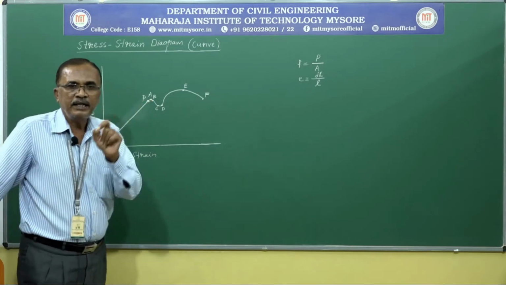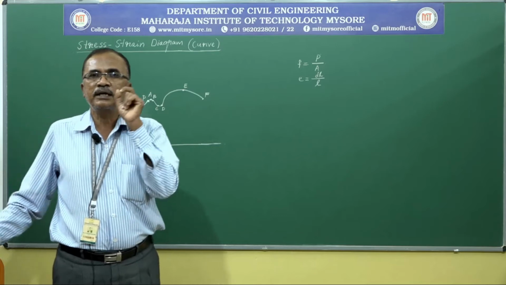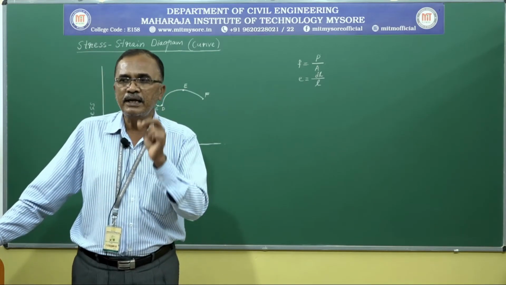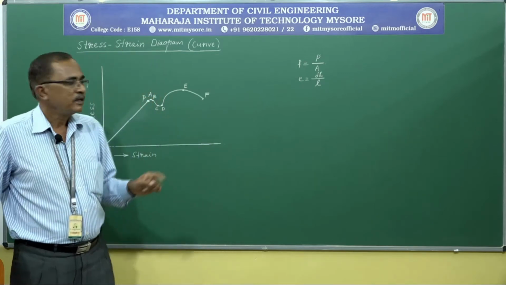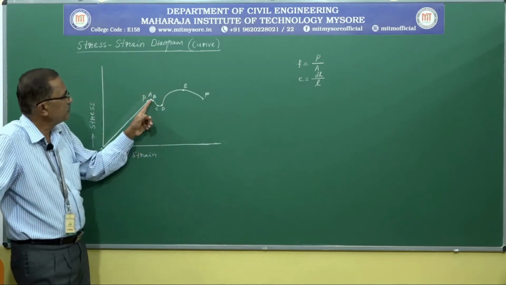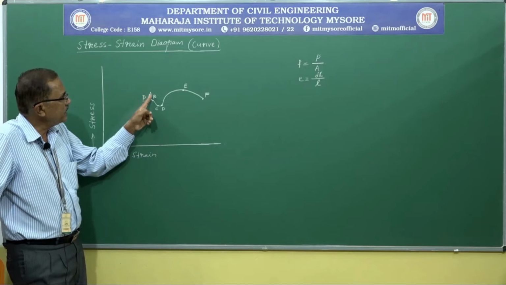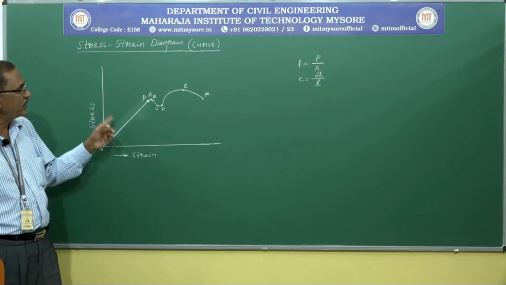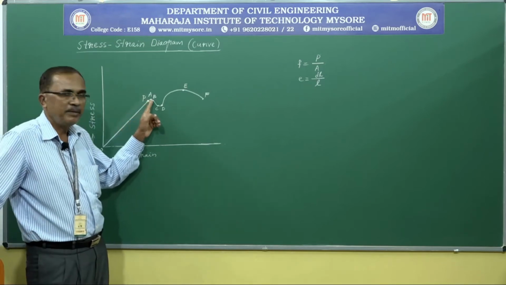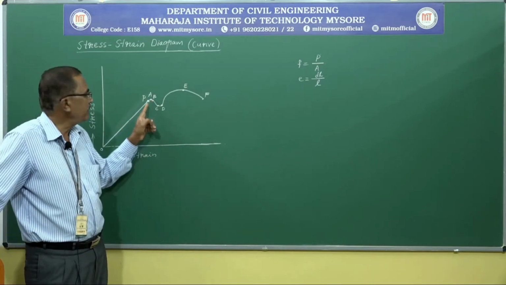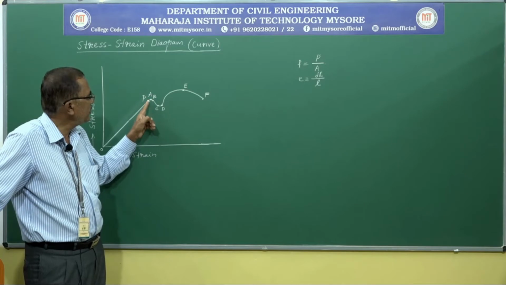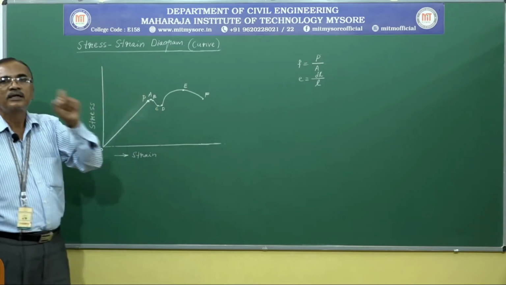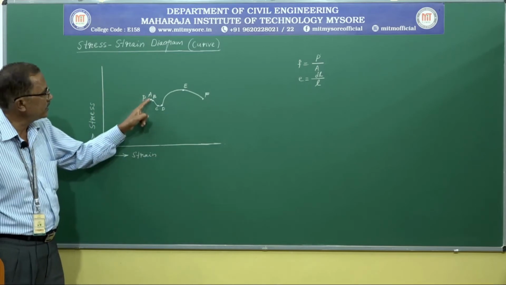Even after attaining the proportional limit, the material still possesses elasticity. As the material retains its elasticity, the curve takes shape like this. So, theoretically we can say this is the proportional limit and this is the elastic limit, because the material still possesses some more elasticity, hence it takes shape like this.